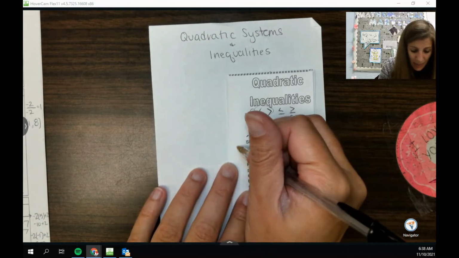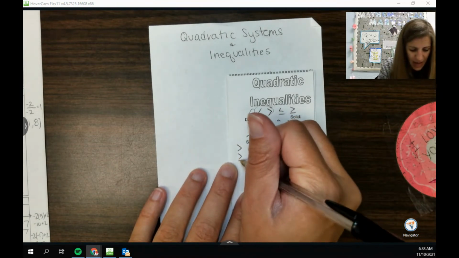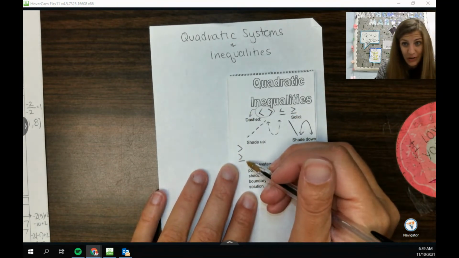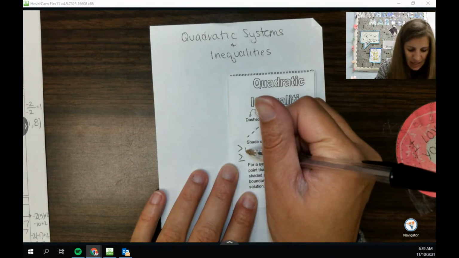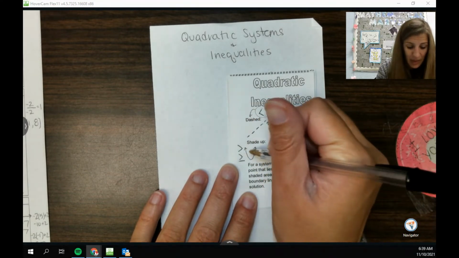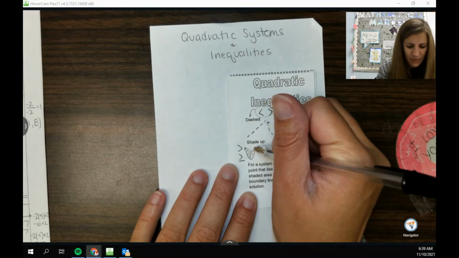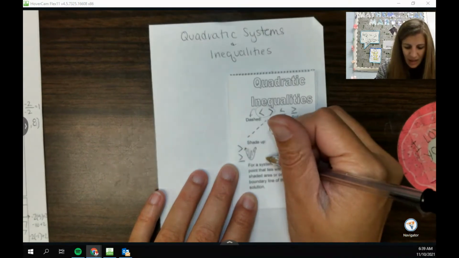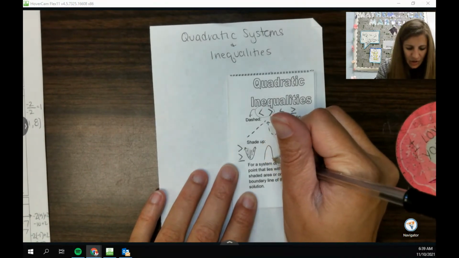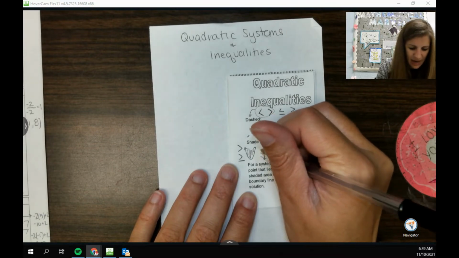You'll shade up whenever you're greater than or equal to. And what's interesting is if you're a parabola pointing up and shading up, you're really kind of inside. But if you're a parabola pointing down and you're shading up, then it's kind of like everything outside.